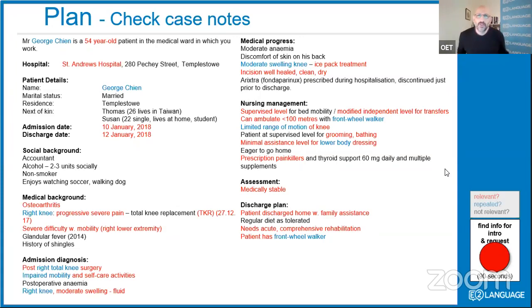I'm grateful if you could assist with distance. No. It would be weird to describe his rehabilitation in that way. You provide somebody with acute and comprehensive rehabilitation.